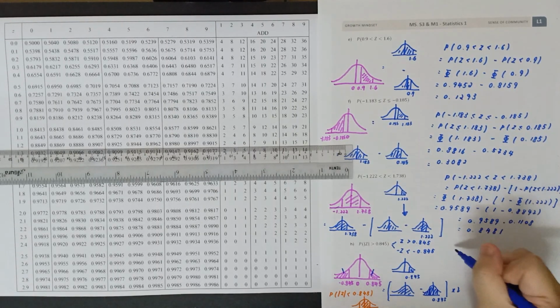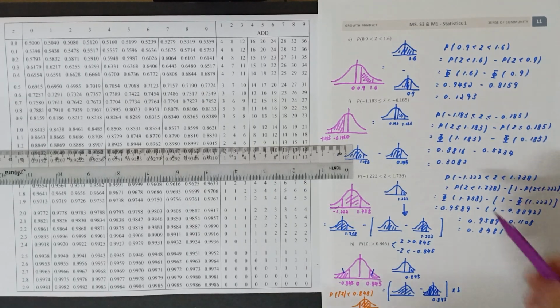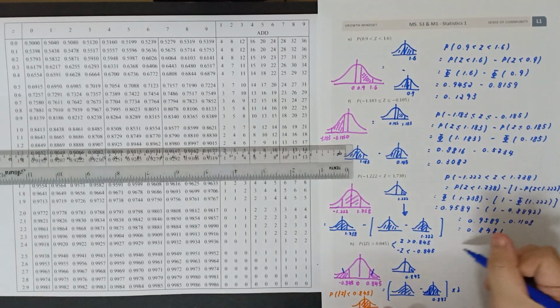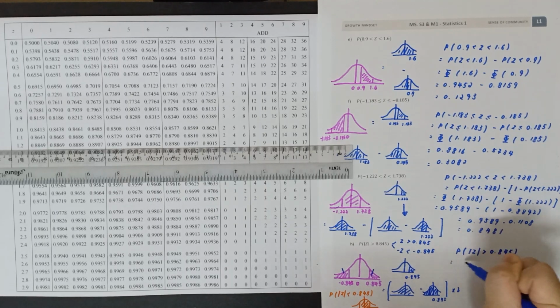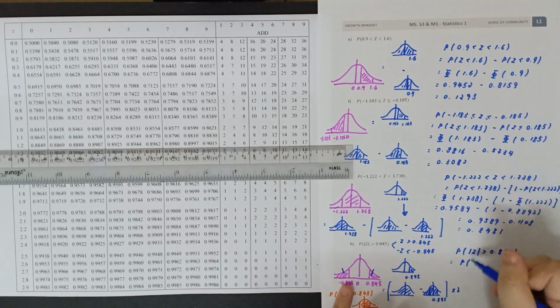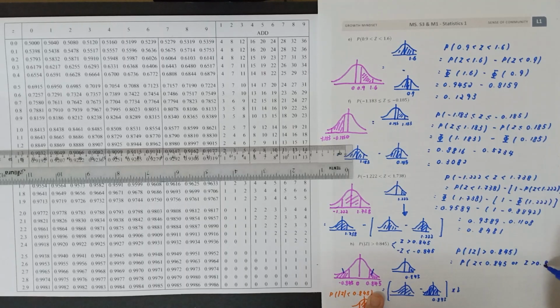Okay, I use the other color, it seems so messy here. The probability for modulus of Z greater than 0.845 is equal to the probability that Z is smaller than negative 0.845 or Z greater than 0.845.